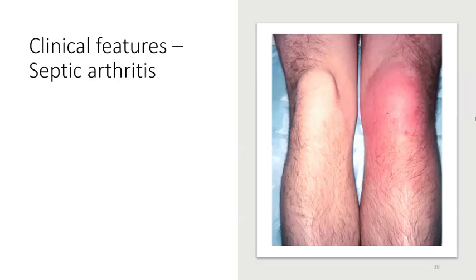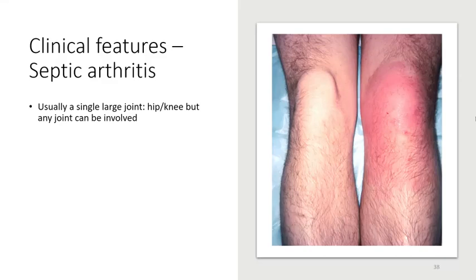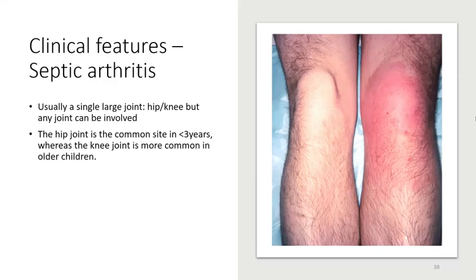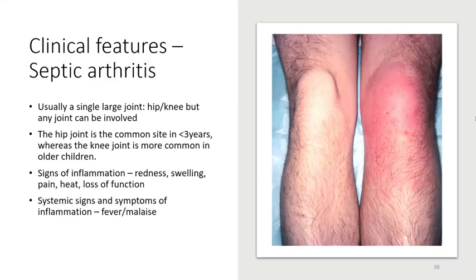And clinical features: we are talking about acute inflammation of the joints. So those are the signs of inflammation, like redness, swelling, pain, heat, or loss of function, and systemic signs of inflammation like fever, malaise, raised WBC count, high ESR, CRP, those things.